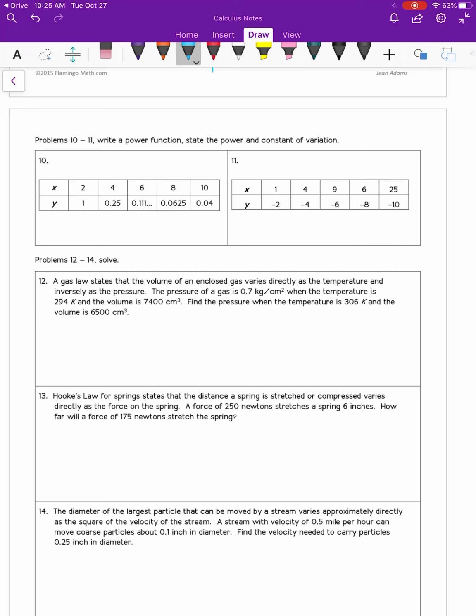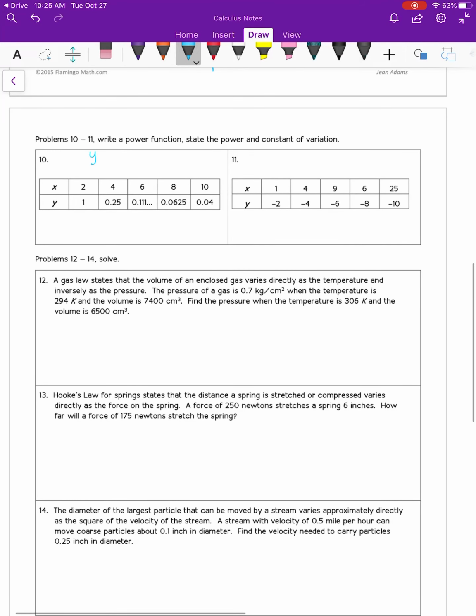Write a power function. State the power and the constant of variation. So this is the one where you want to start with y equals k times x to the a. And you're thinking, okay, I don't know what my k is, but I know that my y is 1 when my x is 2.